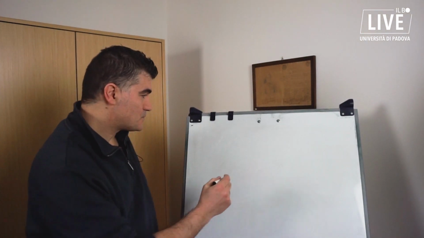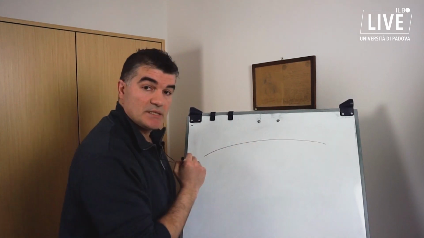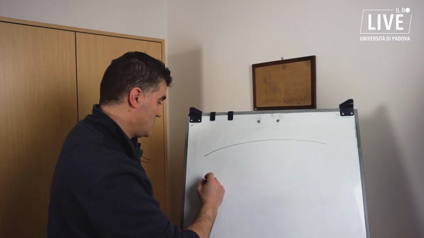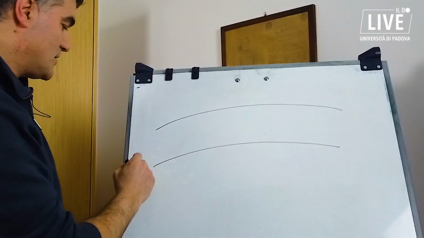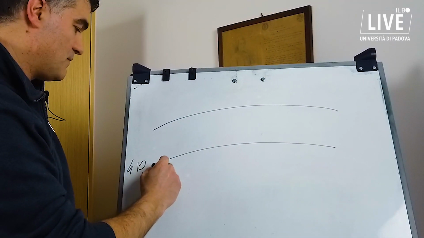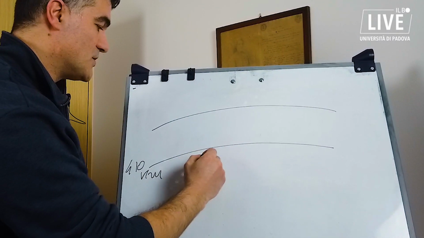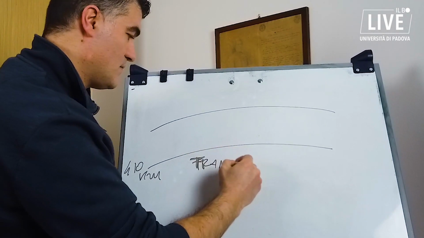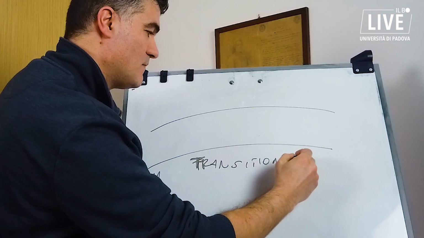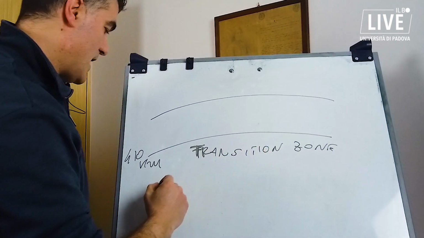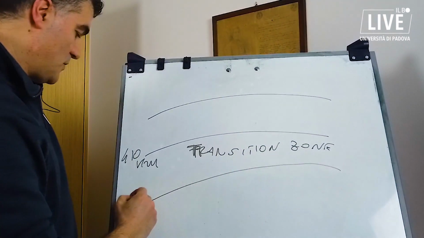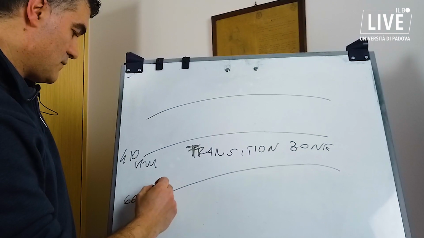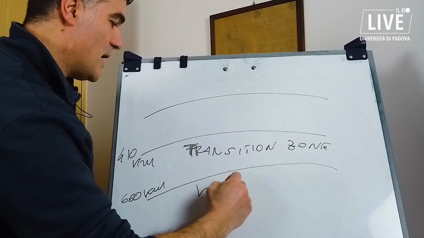I will show you exactly this. This is the Earth's surface. Then at 410 kilometers depth starts the transition zone. Then at 660 kilometers depth starts the lower mantle.